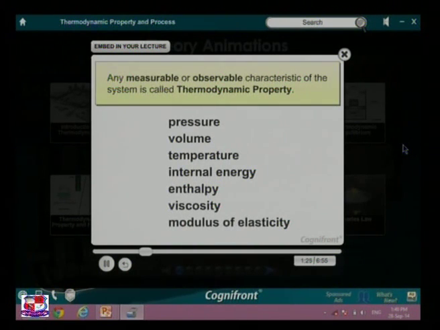Similarly, for a thermodynamic system, any measurable or observable characteristic of the system is called a thermodynamic property. Examples of thermodynamic properties are pressure, volume, temperature, internal energy, enthalpy, viscosity, modulus of elasticity, etc.